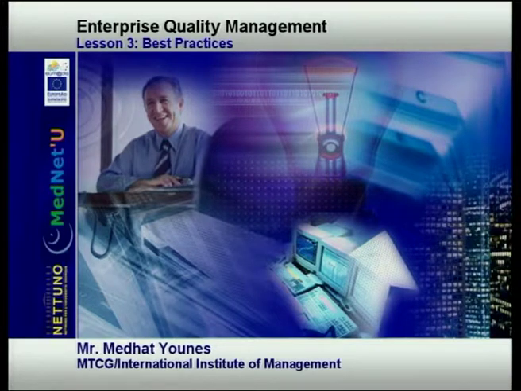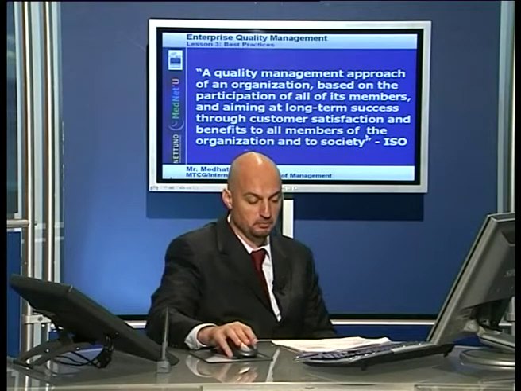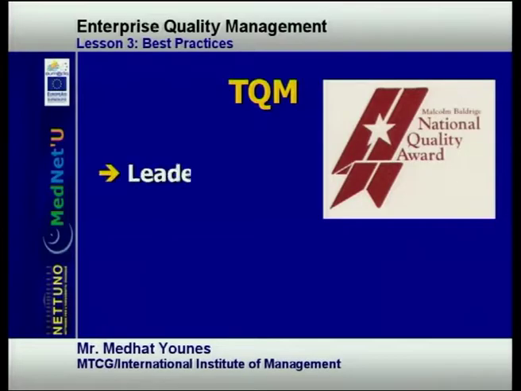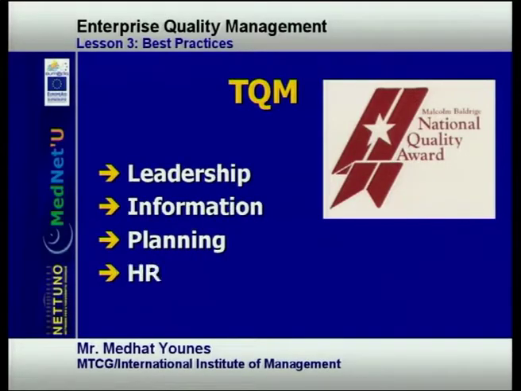This approach was called total quality management, and it was inspired by the Japanese management system. TQM is well expressed in practical terms by the Malcolm Baldrige National Quality Award. The criteria are published by the National Institute of Standards and Technology, NIST.